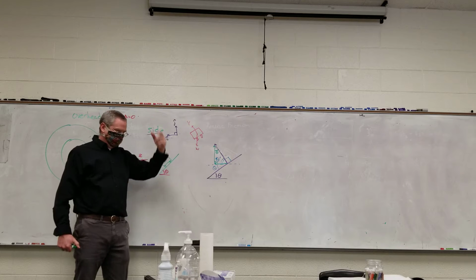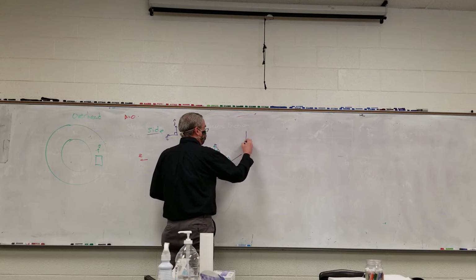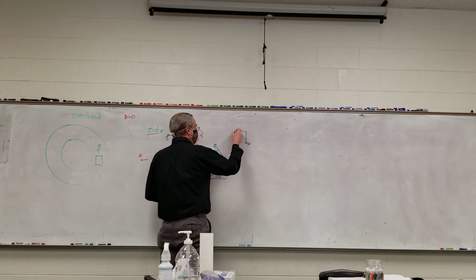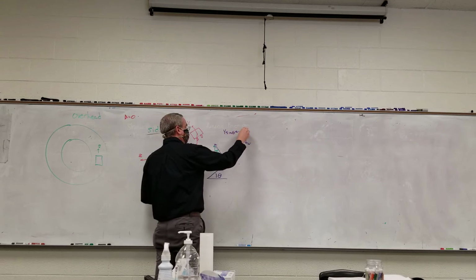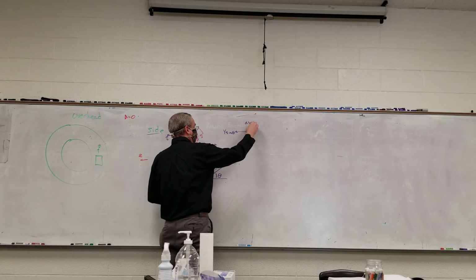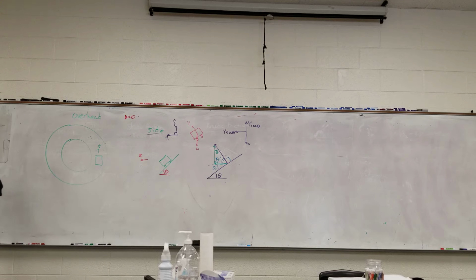Sine. So to the left, I'll have N times the sine of theta, and then up, I'll have N times the cosine of theta. And once again, N sine theta is in the direction of acceleration.